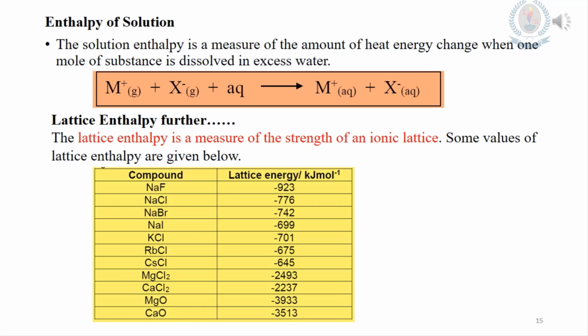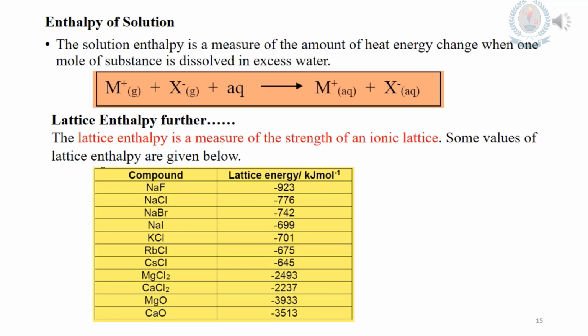Now we will learn more about lattice enthalpy, that is, the factors that increase lattice enthalpy. The lattice enthalpy is a measure of the strength of an ionic lattice. Here I am giving some values of lattice enthalpy.